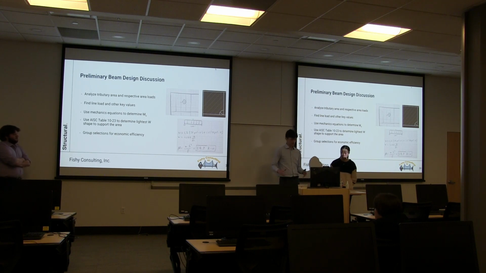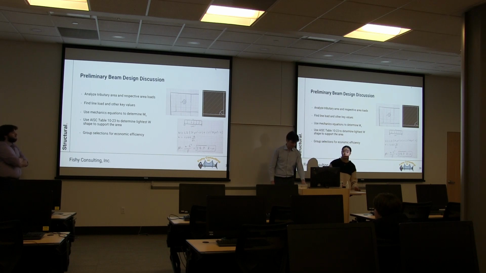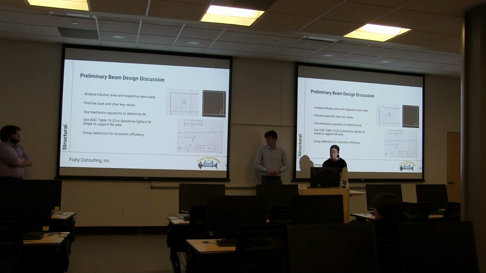So we find the tributary area, use our equations to turn that into a line load, and then find the max moments. And once we have that moment, I would use Table 3-23 from the AISC manual to find the lightest W shape to support the area.